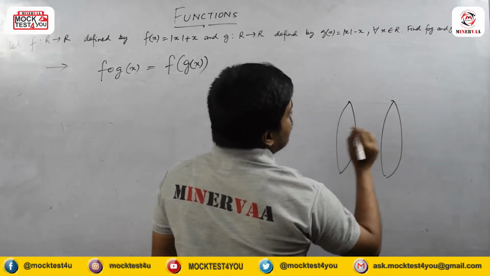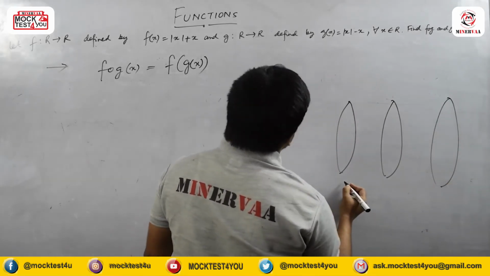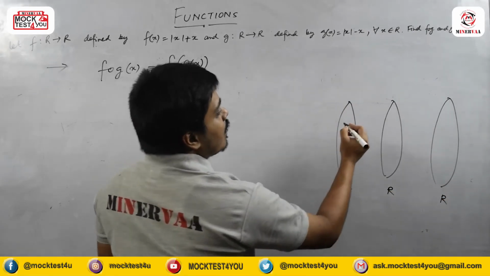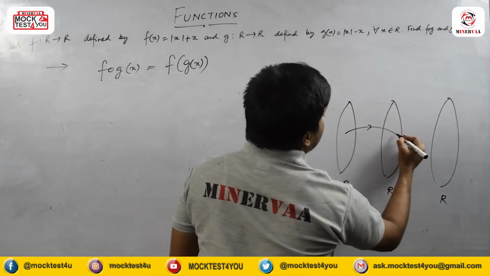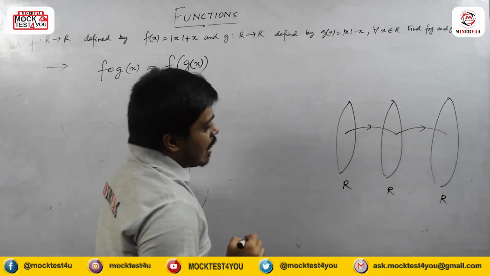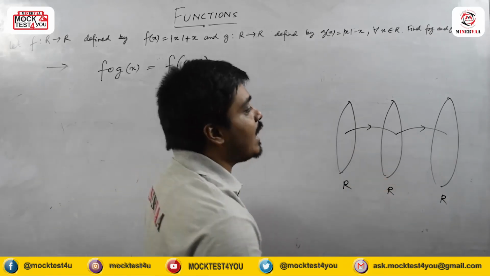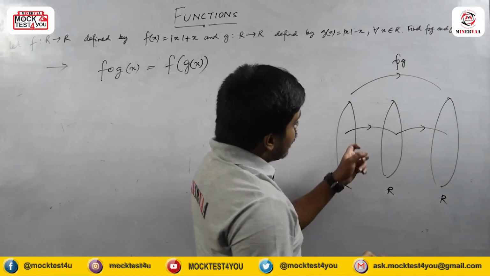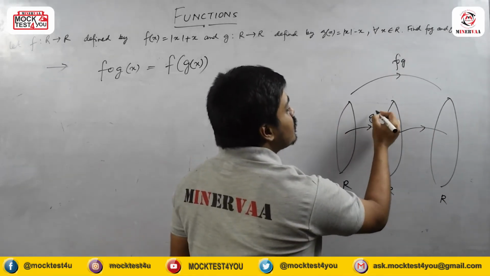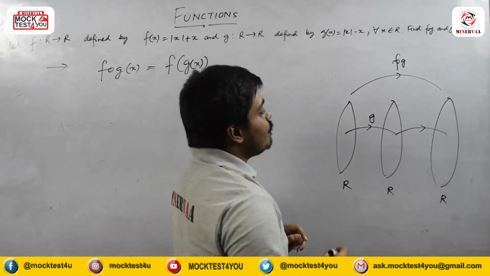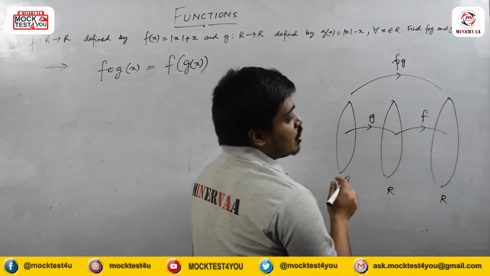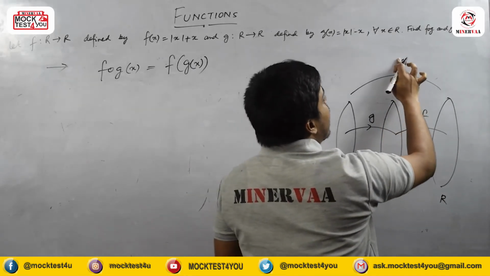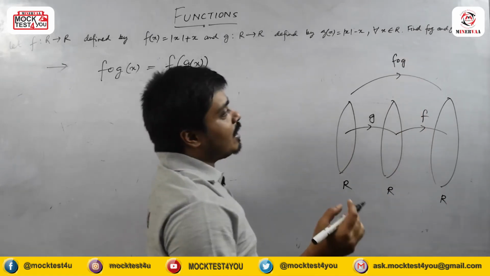Suppose I have R, and the mapping goes like this, R to R. This function is the g function, it's not the f function, and this function is the f function. So the composite of g and f gives us our f of g, not g of f. Please be very, very clear about that.